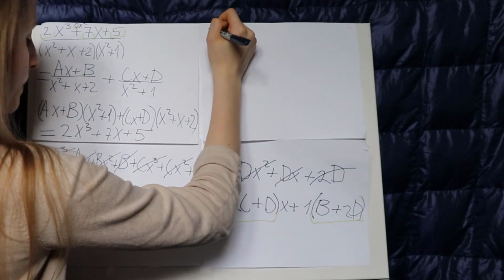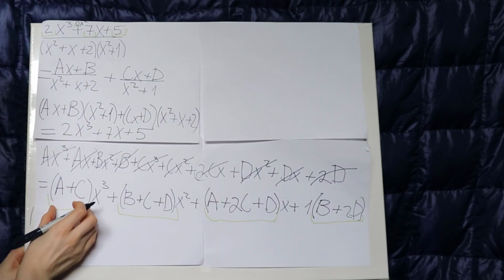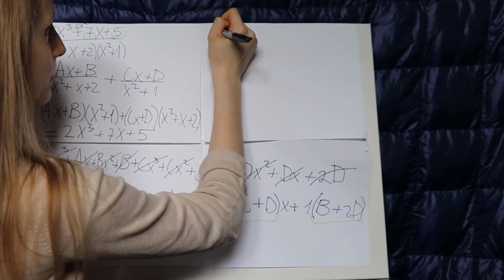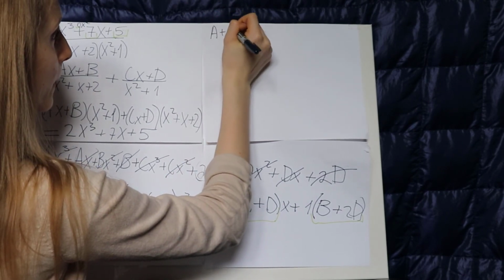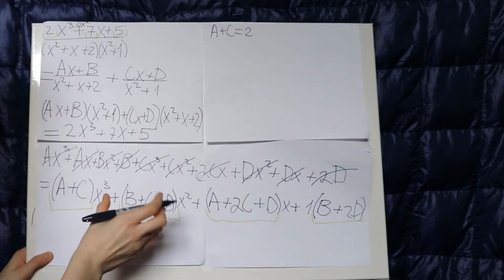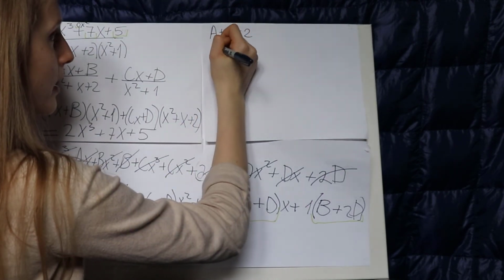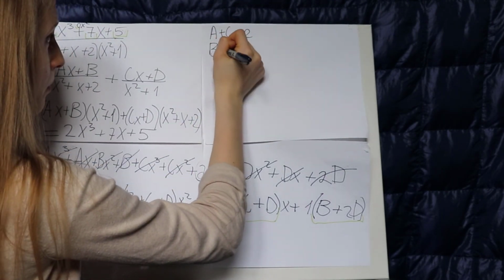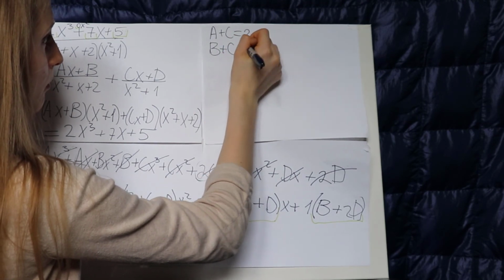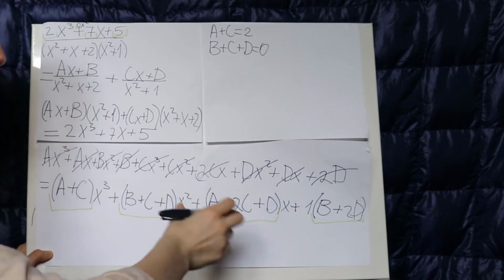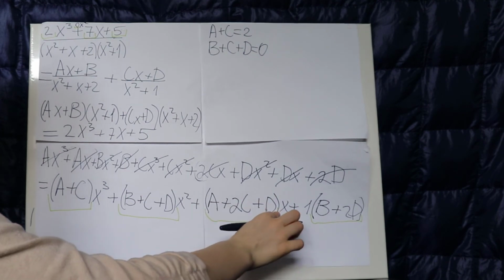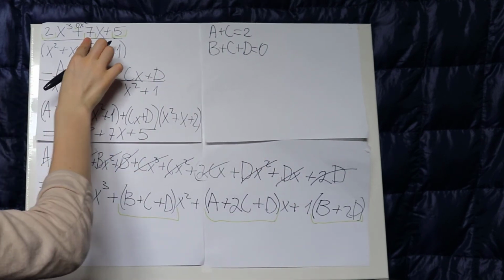So, A plus C equals 2. B plus C plus D equals 0. A plus 2C plus D is 7.